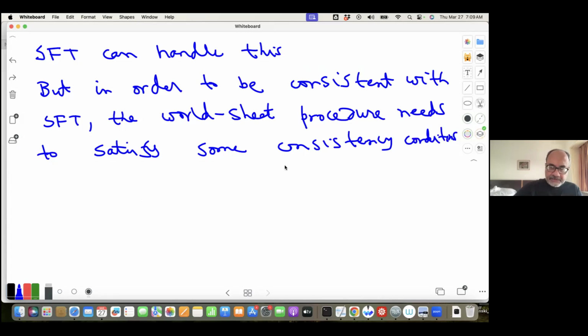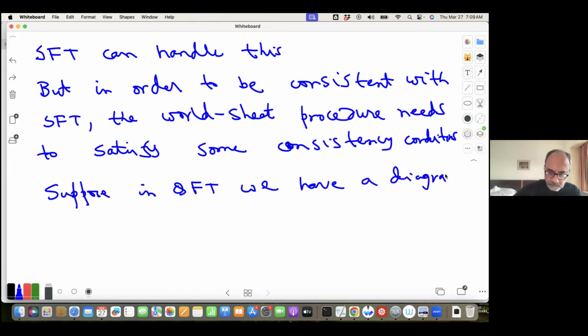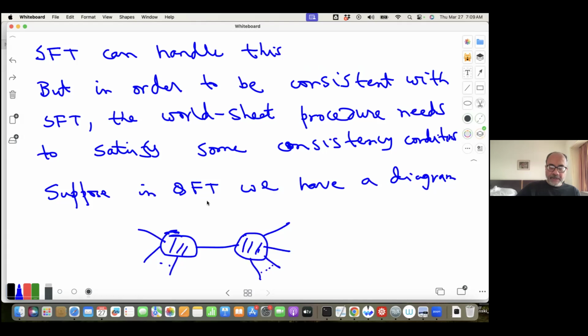And these consistency conditions again can be understood in terms of Feynman diagrams. So imagine that in QFT you have a Feynman diagram like this, which has a single propagator connecting two blobs.